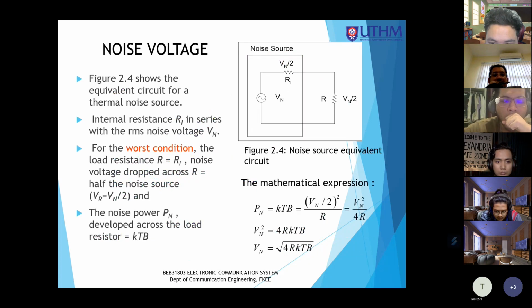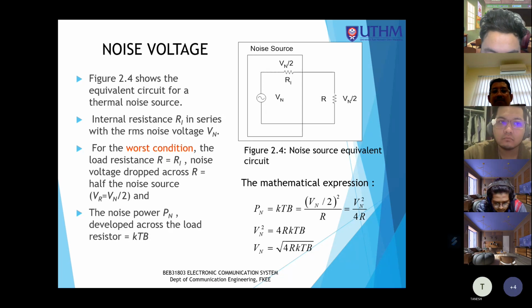And this is about the noise voltage. Okay, so noise voltage, ada pengiraan noise voltage. So if you see from here, from this picture, macam mana dia gambarkan noise voltage itu berdasarkan yang ini noise source equivalent circuit.